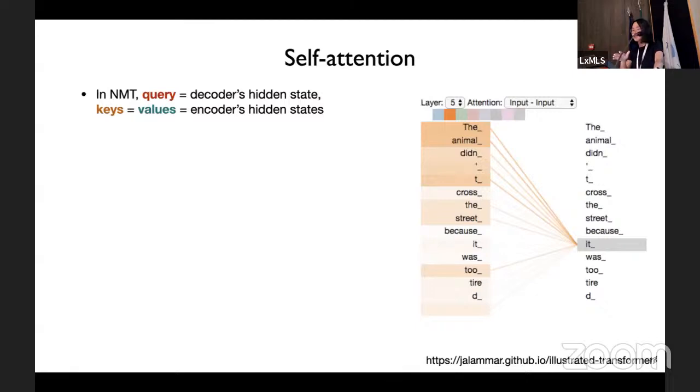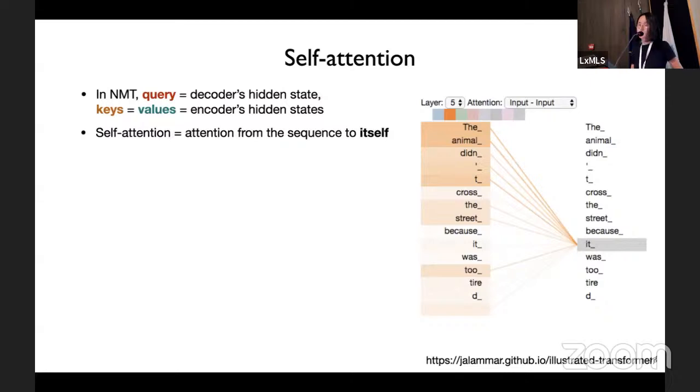I should mention that in the sequence-to-sequence case, the keys always equal the values, but that is not the case in transformers. We actually define different matrices to get different keys and values. So the idea of self-attention is to take a sequence of vectors.